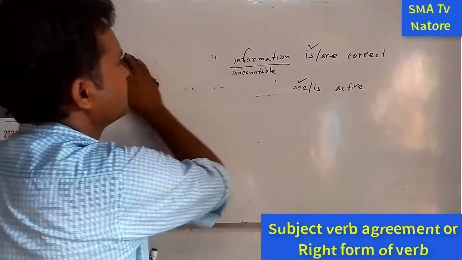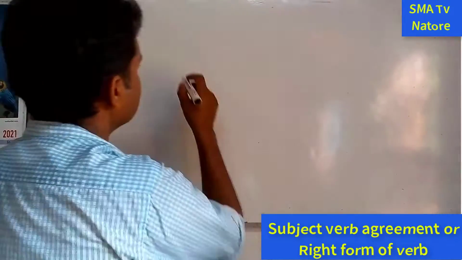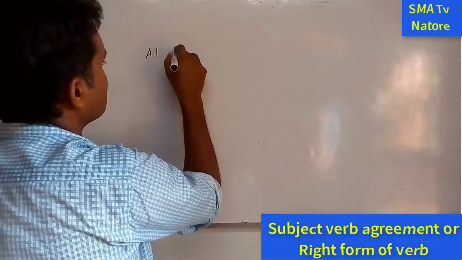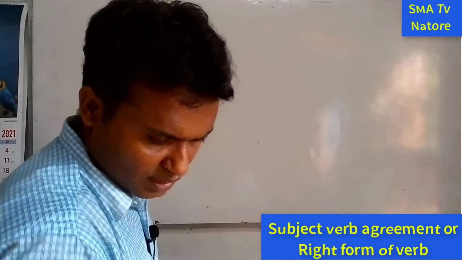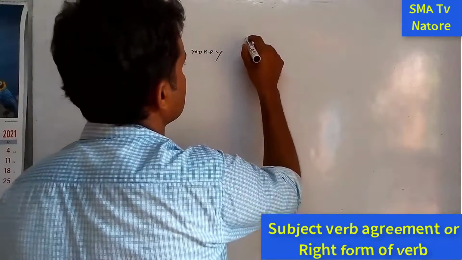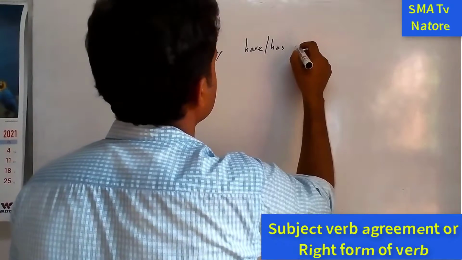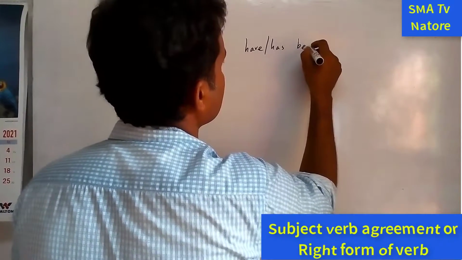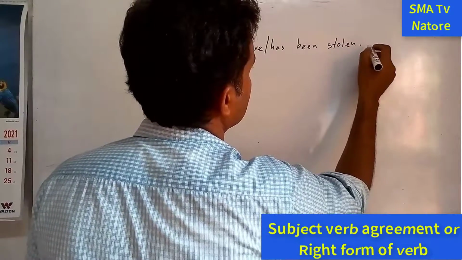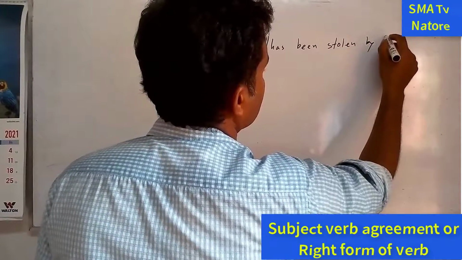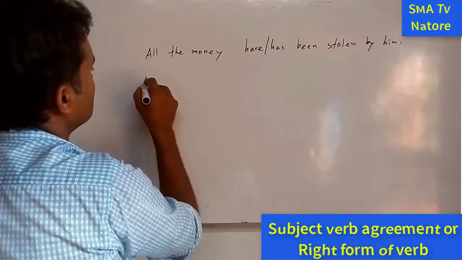So another sentence. All the money have or has been stolen by him. Okay.